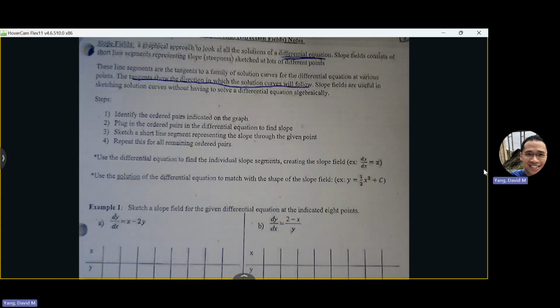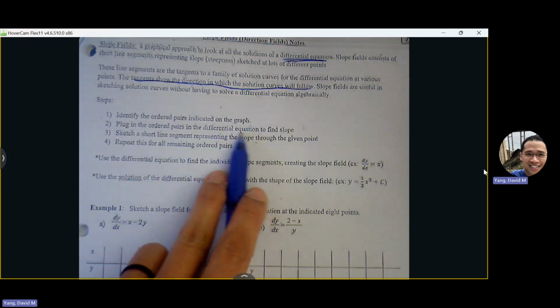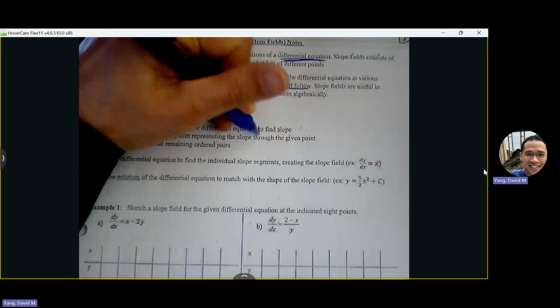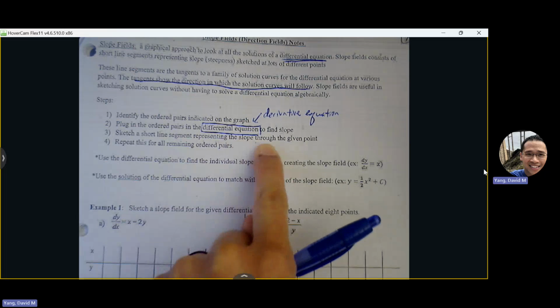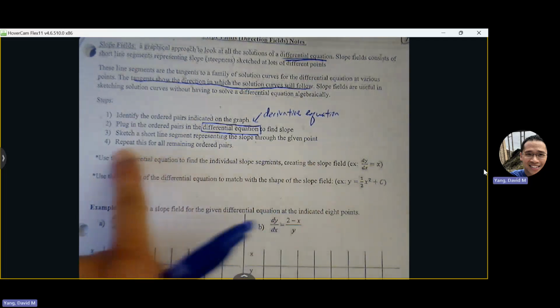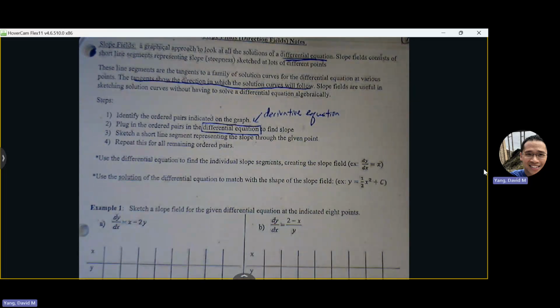So here are the steps. We want to identify ordered pairs indicated on the graph. Plug the ordered pairs into the differential equation. Again, differential equation is just another word for derivative. Sketch short line segments to represent the slope through the given point, and then repeat this for all the remaining ordered pairs.